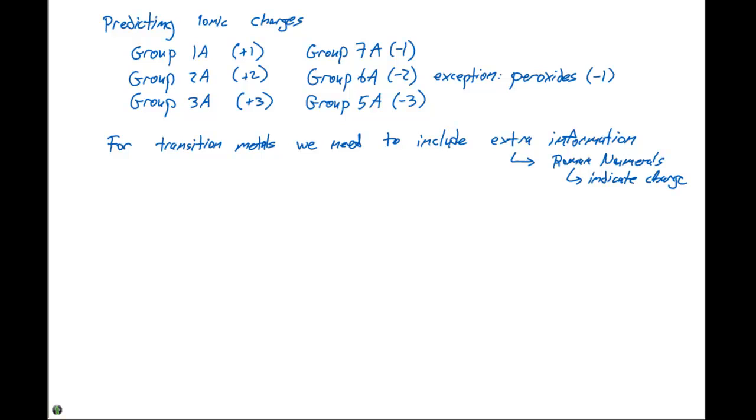So, for example, there are two forms of copper oxide. Copper oxide exists as CuO and Cu2O. The question is, what is the difference between each of these?